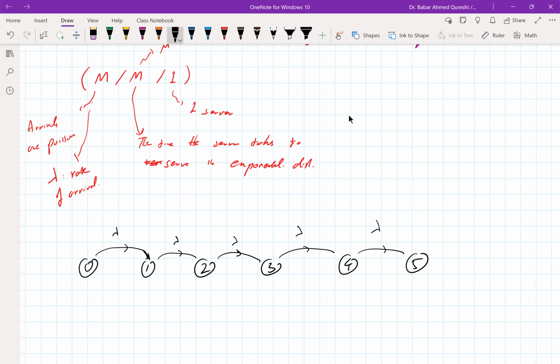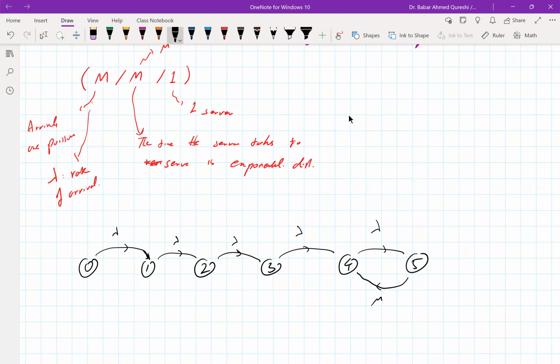Now, the death rate in the other problem, we assumed it's proportional to the population, because each person can die. But here, it's not. Here, if you have 5 customers, there's a probability that the server gets done with one of them. He's taking care of 1 out of these 5, and the 4 are in the queue. So he gets done with one of them, and then you take a jump back.